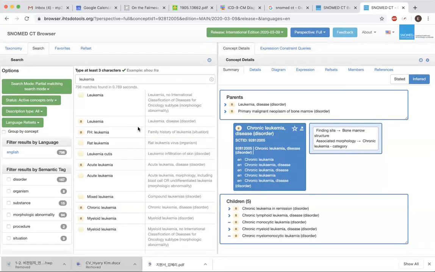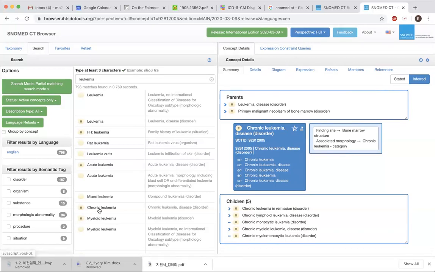Of course, there's no comparison in terms of volume, but it's because it's a big ontology. It's really hard to find the right type of information that you're looking for when you're using SNOMED. So obviously there was leukemia. There's leukemia cutis. There's acute leukemia. There are all kinds of different variations of leukemia. So yeah, and each node provides different information.